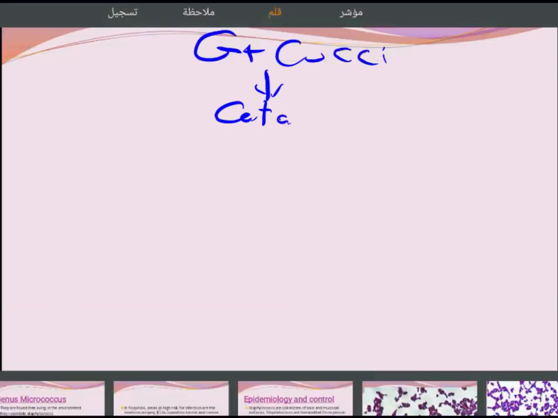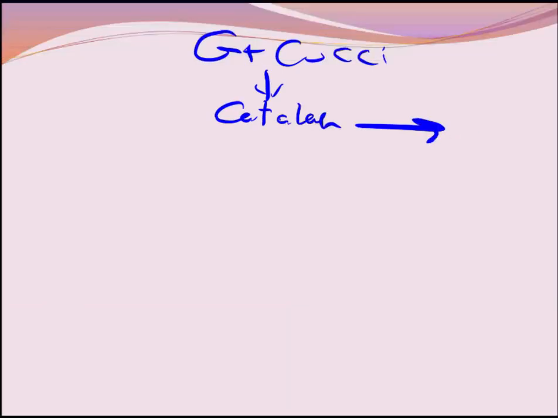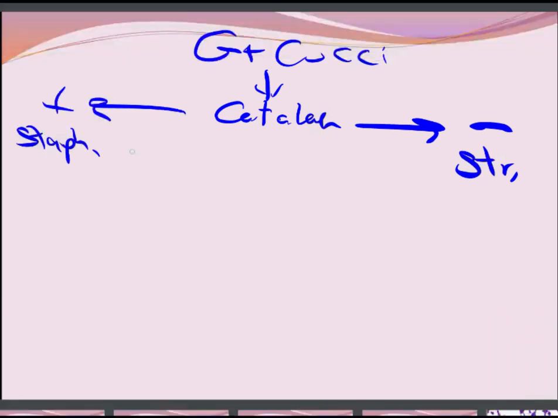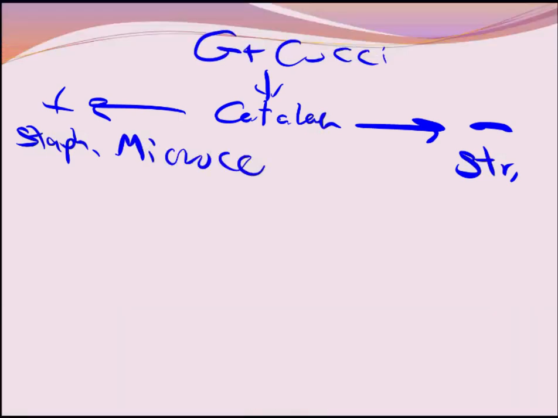So, when we have gram-positive cocci in the sample, first we do the catalase test. If it is negative, the microorganism is Streptococci. If it is positive, it is either staph or micrococci. We do the modified oxidase test.